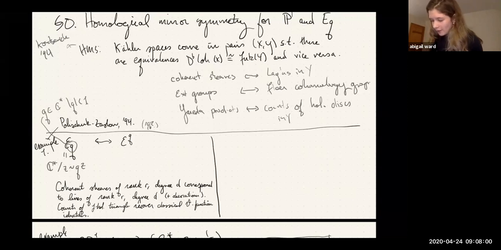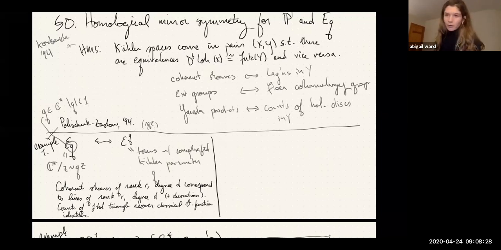This is mirror to the same underlying space, but with a symplectic structure. This is mirror to the torus with the complexified Kähler parameter q. So if q is in R, you just want to think about this as the torus with area q.